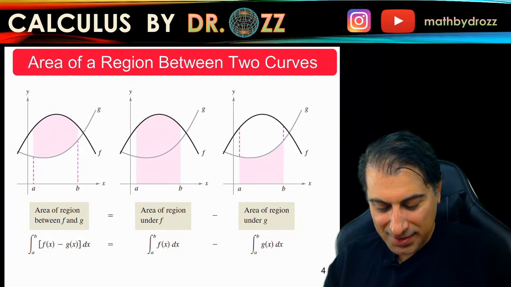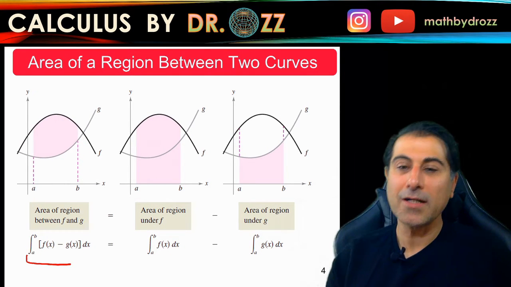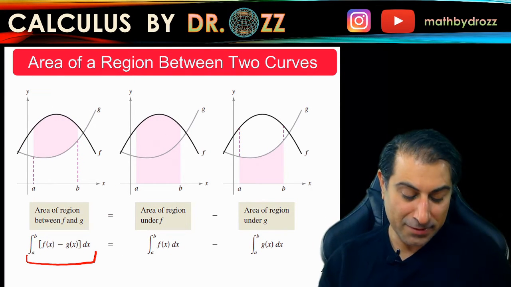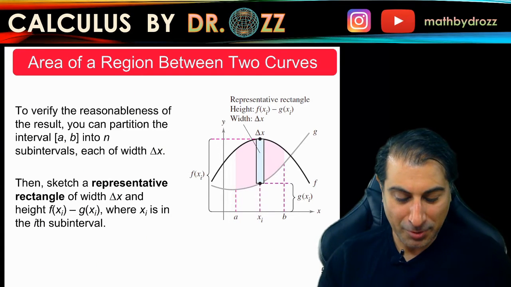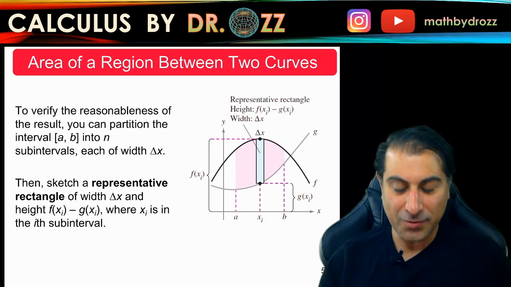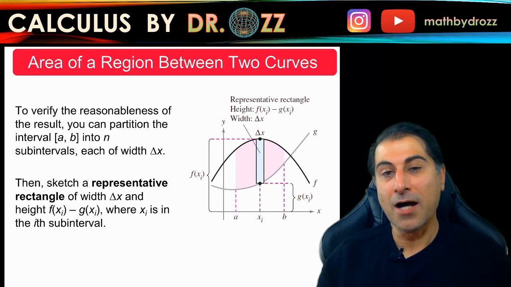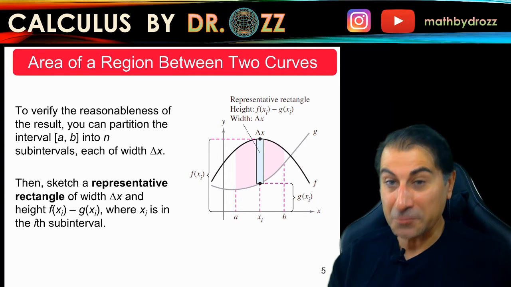All right, so let's add a little bit of rigor to obtain this formula. I'm going to use the definition of the definite integral, and please pay attention to what I'm going to do next because I'm going to replicate this idea for the next two sections for sure.